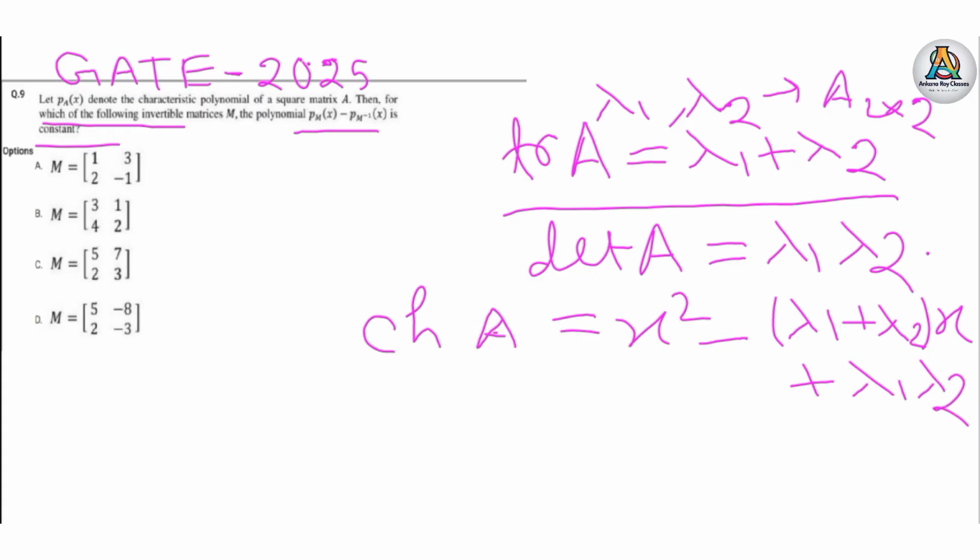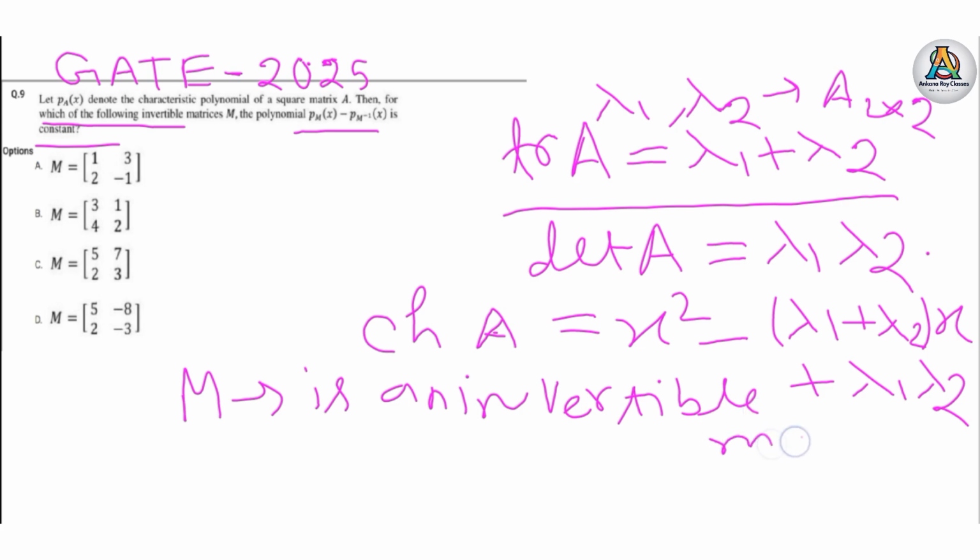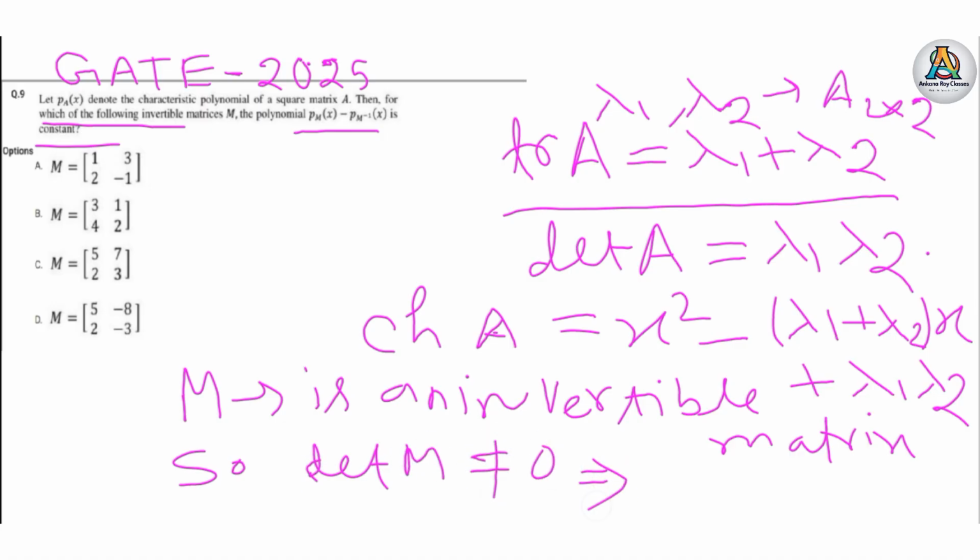Now here it is given that M is an invertible matrix. So determinant of M is not equal to 0 always. This implies the product of the two eigenvalues of M is not equal to 0.